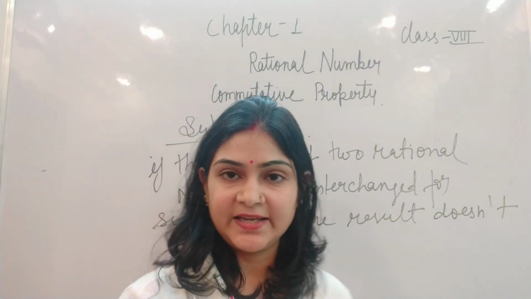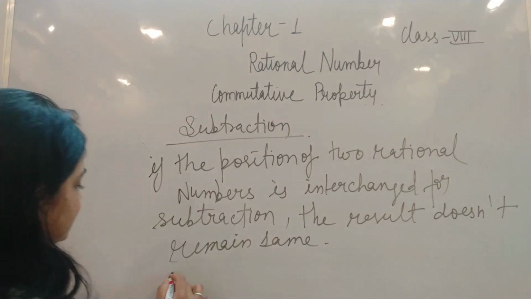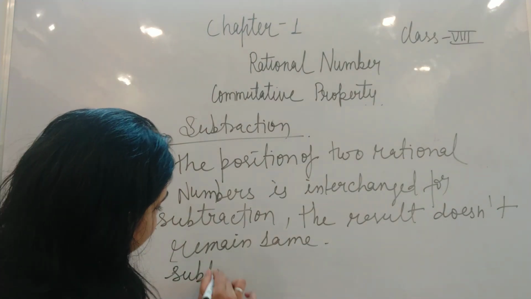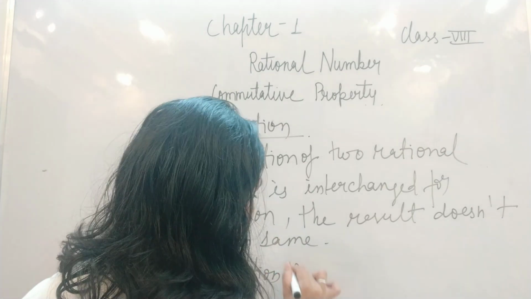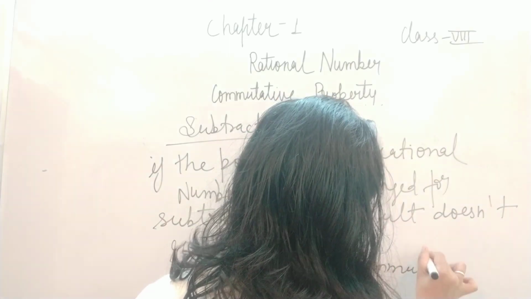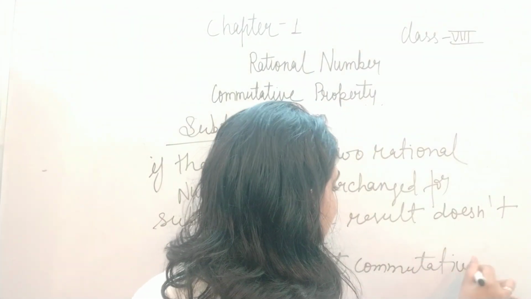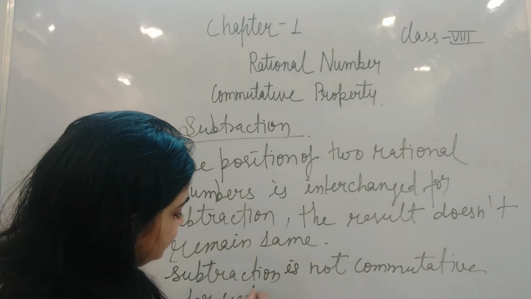That time we say subtraction is not commutative for rational numbers.